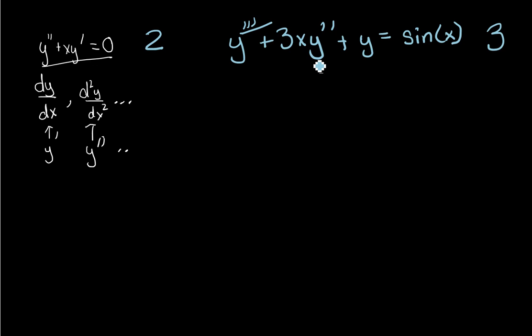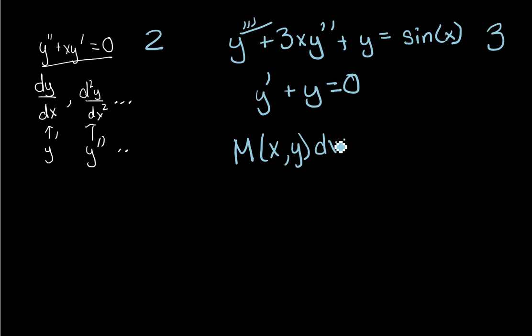We can also write a first order differential equation, like y prime plus y equals 0, in a different notation, which is M of x comma y dx plus N of x comma y dy equals 0. Notice that M of x comma y is basically a notation for a single function.